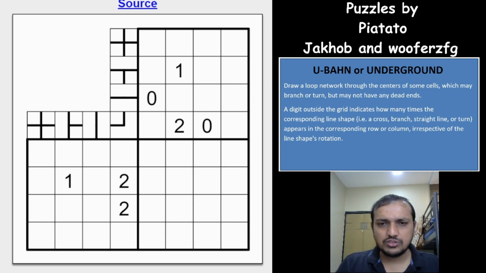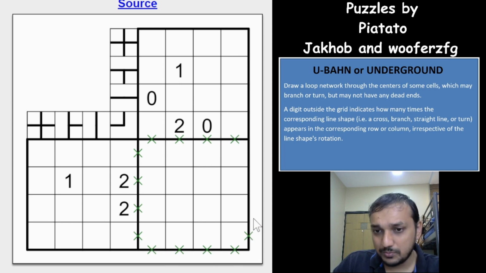There are a few things that you will always have to keep in mind. The corners will always have a U-turn. If you have something in the corners, it will always be a U-turn. You can always mark crosses outside, because you cannot have anything growing outside the grid.